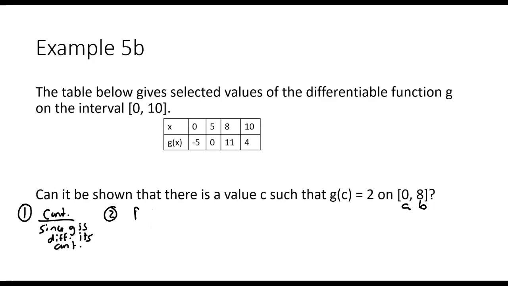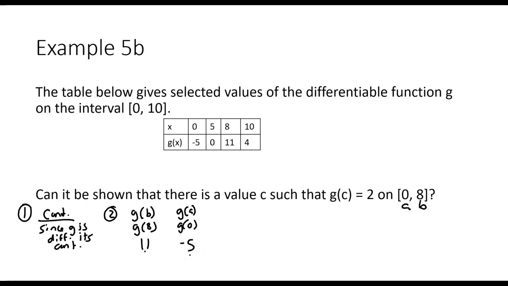We don't want to get that wrong. G of B is G of 8, and G of 8 is 11. G of A would be G of 0, and G of 0 is negative 5. So we're going from 11 to negative 5.